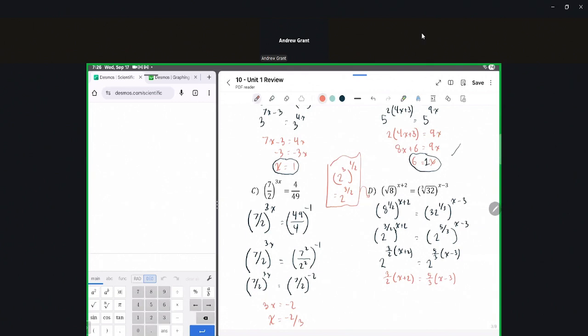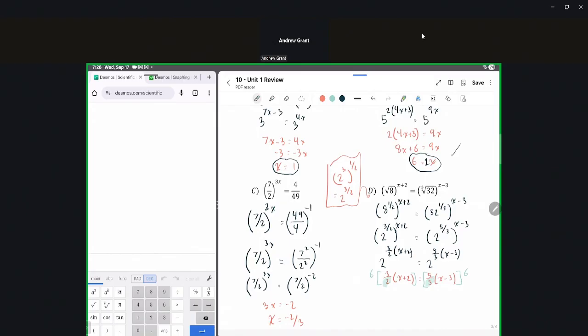So what we need to do is to go ahead and multiply both sides by a number such that it'll eliminate the denominators. And so we need a common factor for 2 and 3. That number is going to be 6. So we multiply both sides by 6.